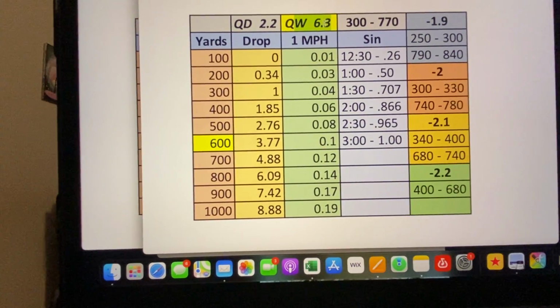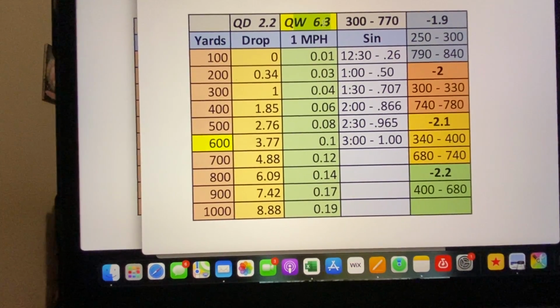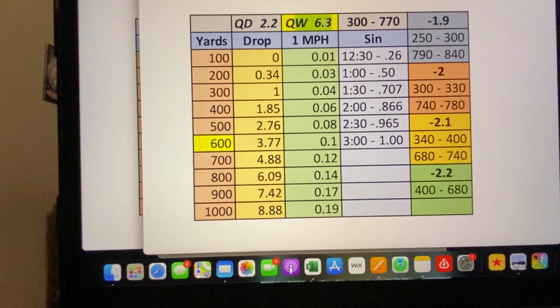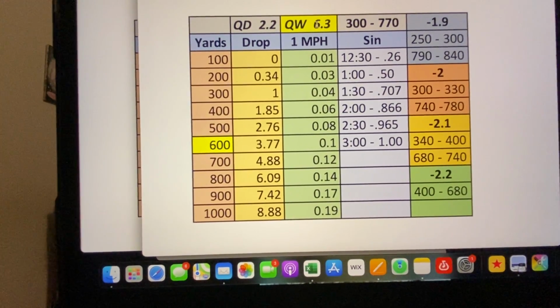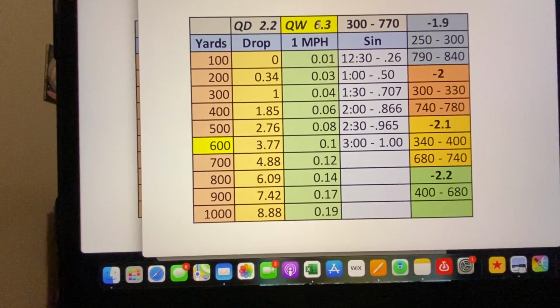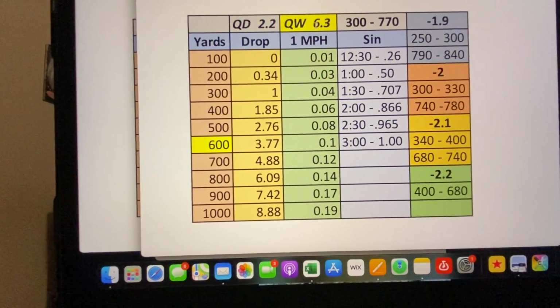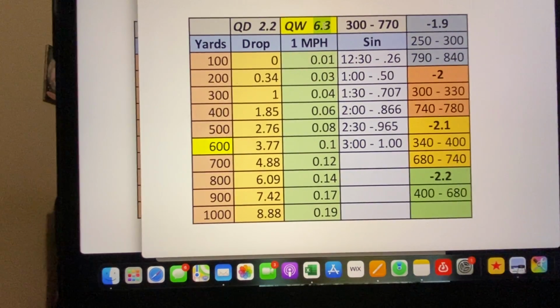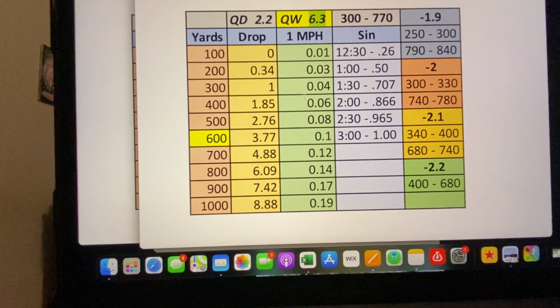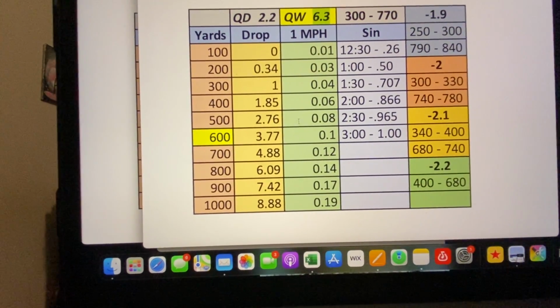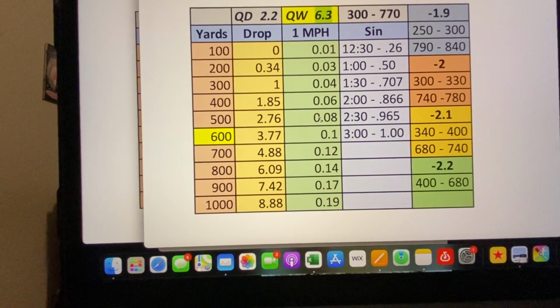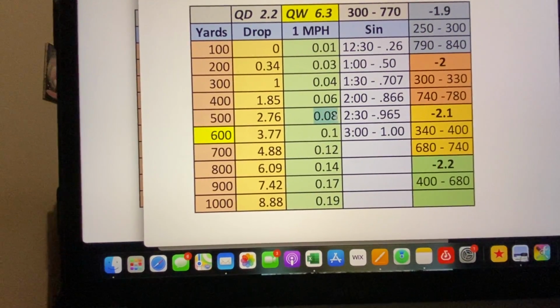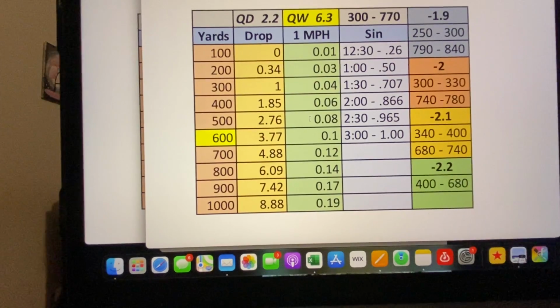I can't tell the difference between 6.3 and 6, or even probably 6.3 and 7. So just for easy math, I'm going to round it down to 6, which explains the error at 500 yards, why it's 0.48 instead of 0.5.